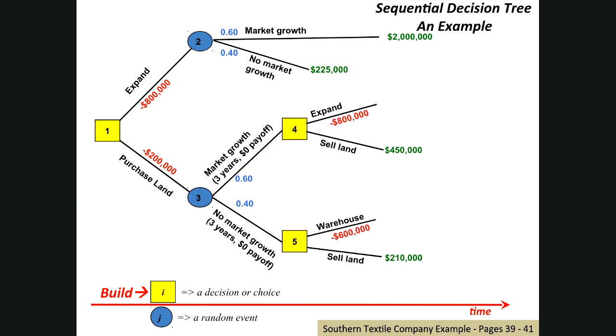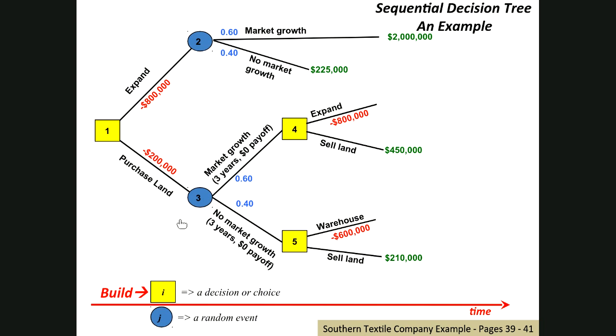So for the case of if you purchase land and the market grows, then we'll have another choice where we could either expand the land again for a cost of $800,000, or at that point we could sell the land and earn a net profit of $450,000.